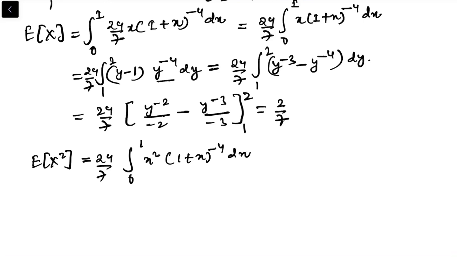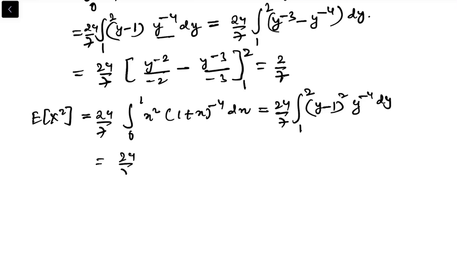Again, we need to use the substitution. So this is 24 over 7, 1 to 2. This becomes (y minus 1) whole square times y to the power minus 4 dy, right?